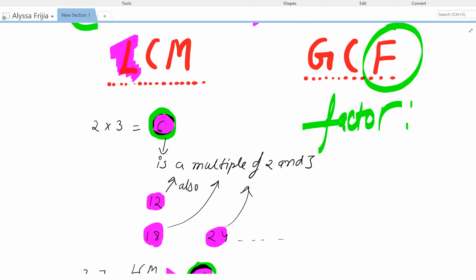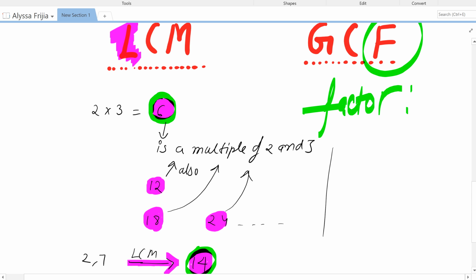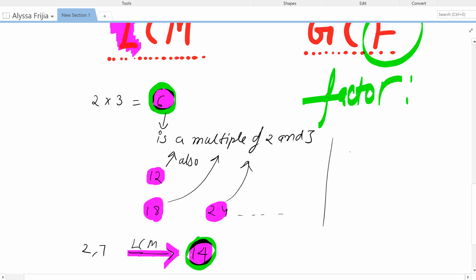We use this word factor in the context of two different numbers. For example, if I say that 8 is a factor of 16, that means 8 is going to divide 16, right? So 8 is a factor of 16.